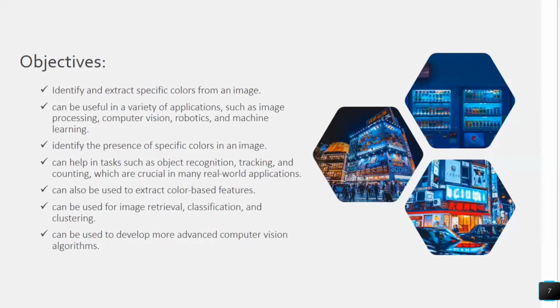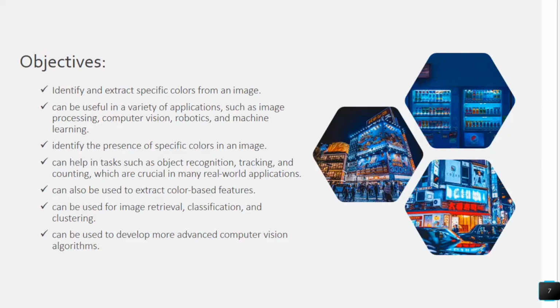The objective of the color detection project is to identify and extract specific colors from an image. It can be useful in a variety of applications such as image processing, computer vision, robotics, and machine learning.